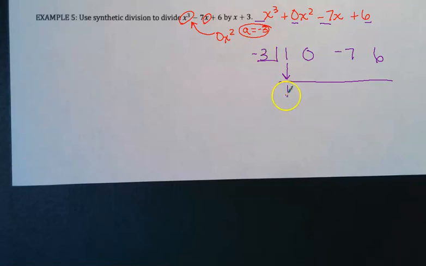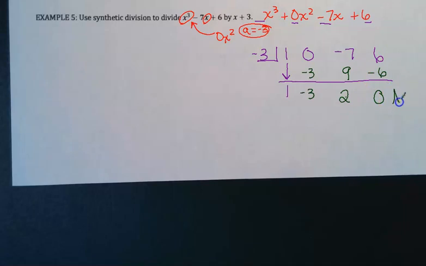So negative 3 times 1 is negative 3. 0 plus negative 3 is negative 3. Negative 3 times negative 3 is a positive 9. That goes there. Negative 7 plus 9 is a positive 2. Then we've got negative 3 times 2 is negative 6. 6 minus 6 is 0.